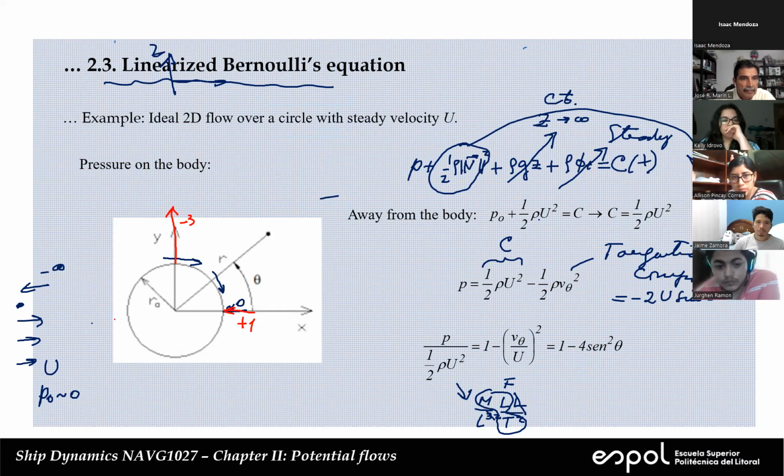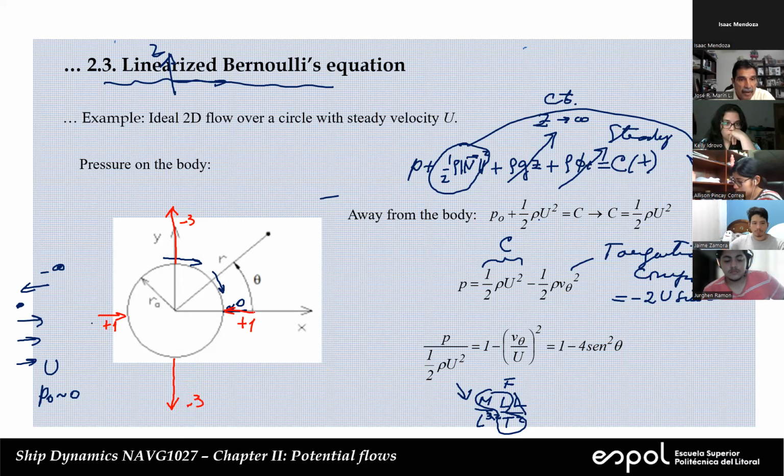On this side, theta is 180, the sine is 0, and we recuperate the value of 1. So here is plus 1. And down here is similar to the upper. So sine of 270 is minus 1, but here we have a square, so it's a plus 1. So again, we have a value of minus 3.